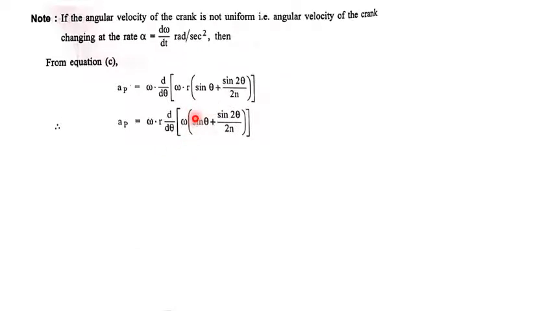Here we cannot take omega outside, because omega is not constant; it is changing with respect to time. Therefore we cannot take omega outside this differential term, and we have to differentiate it in u into v form.